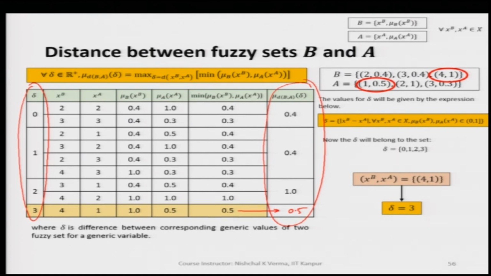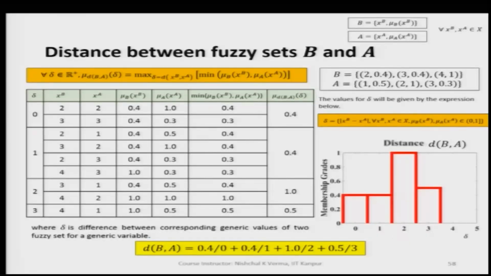So, here we will take these two columns, we will make use of these two entries, and we will write the fuzzy set, which will be representing the distance between two fuzzy sets B and A. So, when we make use of these entries, here we are going to write d b comma a. This is nothing but the distance between the discrete fuzzy set B and A.